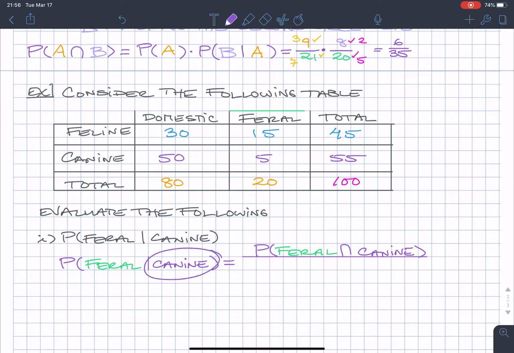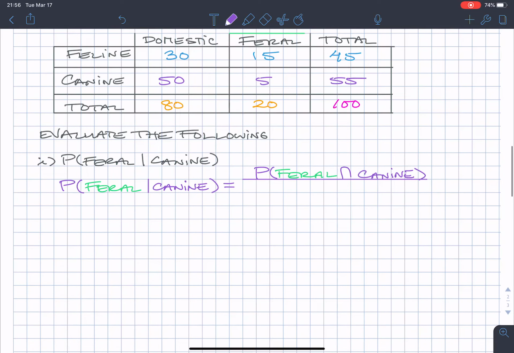Because this is the A in this case. So the probability of being canine.